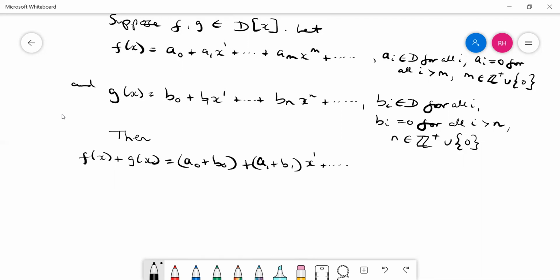So I'll write it in this way, equals the sum from i equals 0 to infinity of (ai plus bi)x^i.